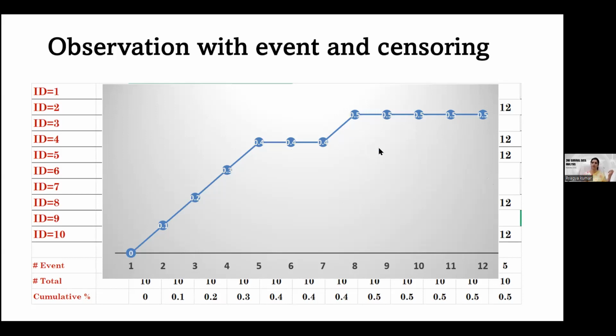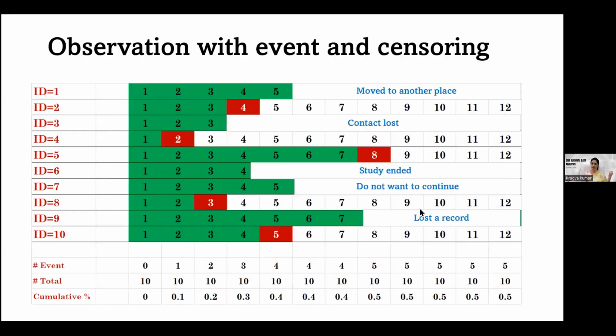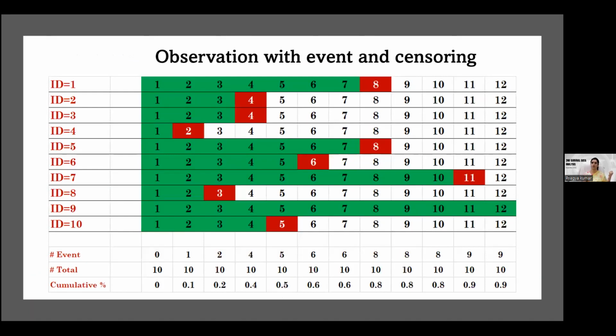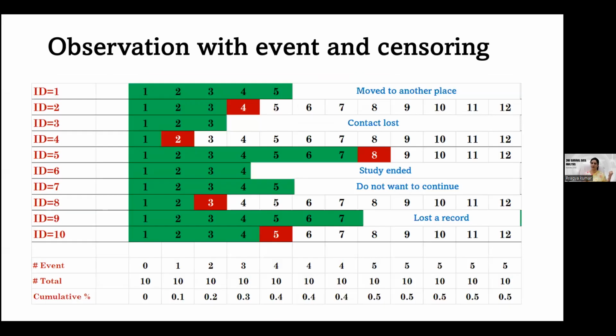So this will be the plotting of the cumulative percentage of that event. You can see that if there is data censoring, it can underestimate the cumulative percentage. In the previous case, the cumulative percentage was 0.9.